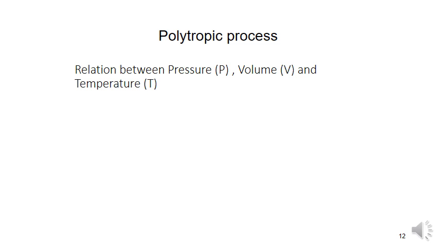We know that P1 V1^gamma is equal to P2 V2^gamma. Simply replacing gamma with n, the relation becomes P1 V1^n is equal to P2 V2^n.